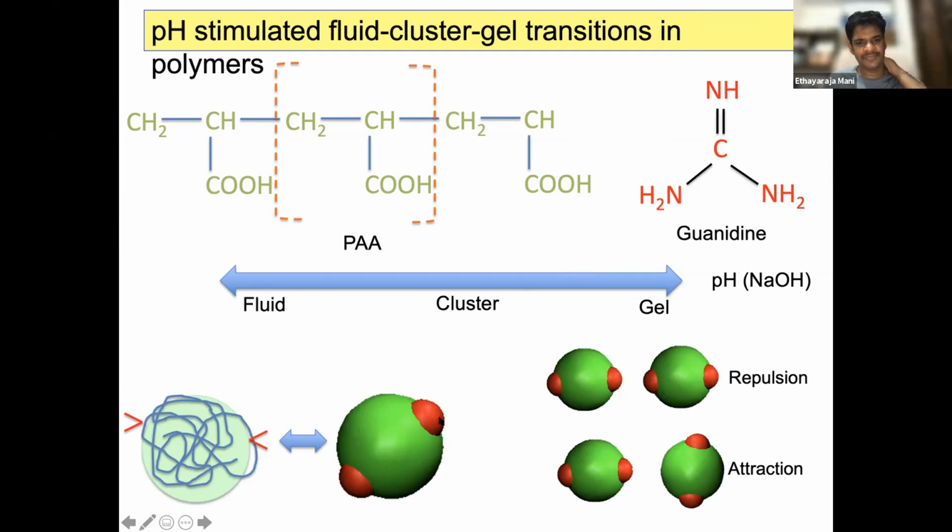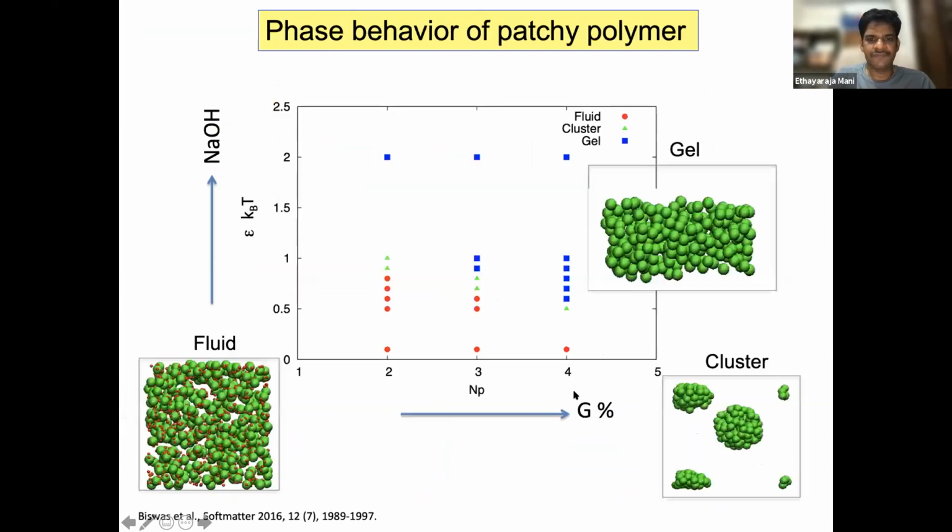Then, by having ionic, electrostatic interactions between the guanidine, you could make a phase diagram where they can either exist as a fluid phase, form finite-size clusters, or continue to grow into a gel, depending upon how much guanidine is added and the strength of attraction, which is modulated by the sodium hydroxide in the solution. This phase diagram pretty much matched qualitatively with the experimental phase diagram as well.